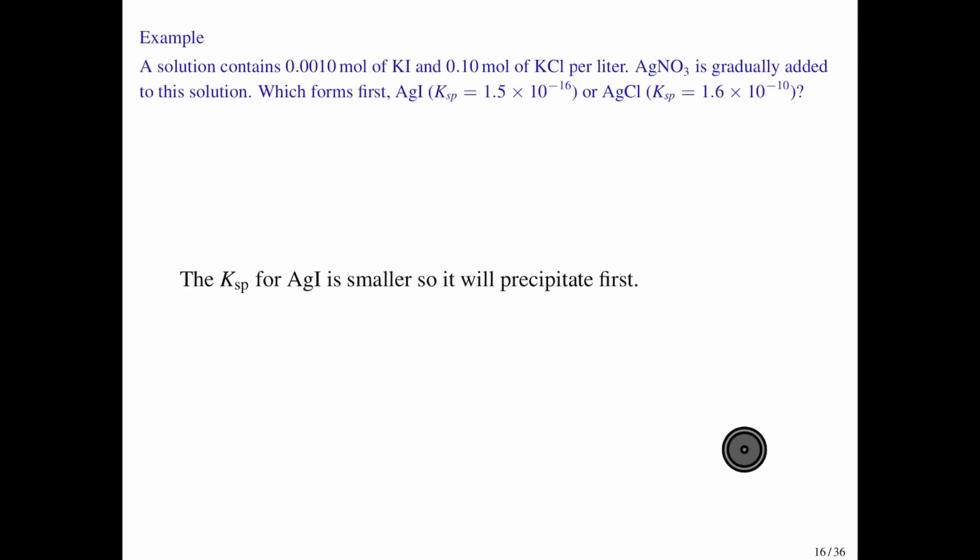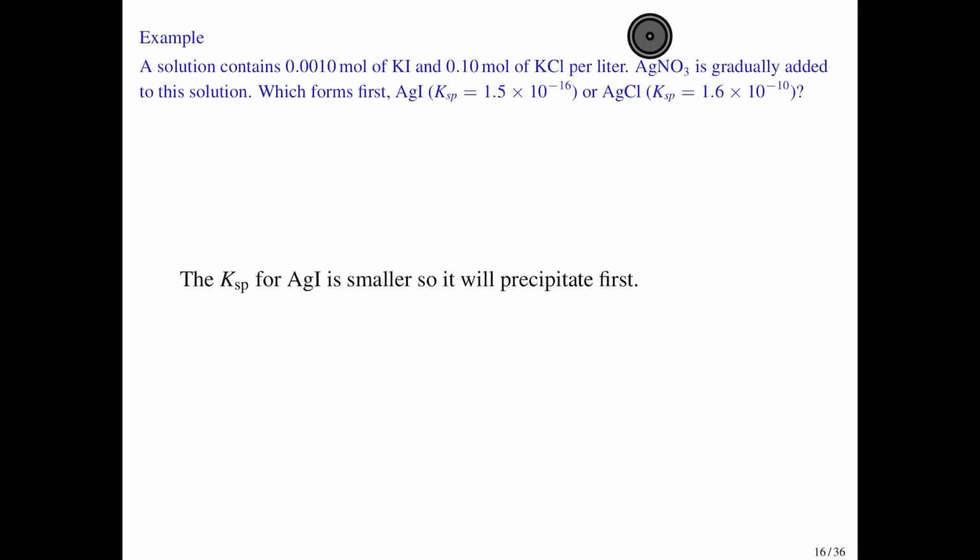Here in this conceptual example, we are trying to separate iodide ions from chloride ions. So we have a solution where we've got some potassium iodide and some potassium chloride. You can use silver ions to precipitate out the silver iodide and the silver chloride. And so if you add silver nitrate gradually and let the silver concentration build up slowly, you can selectively precipitate these two ions.